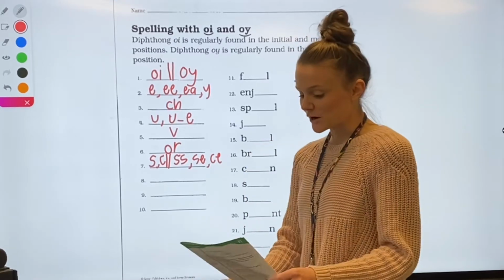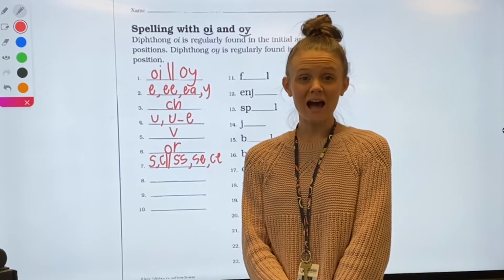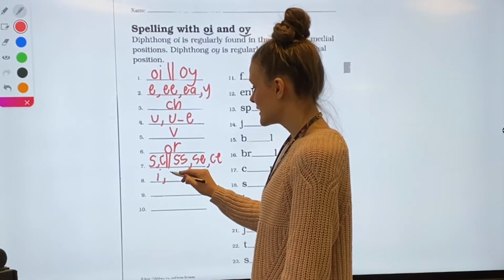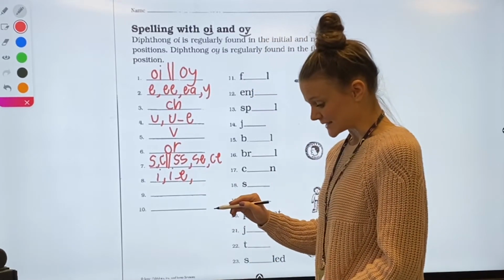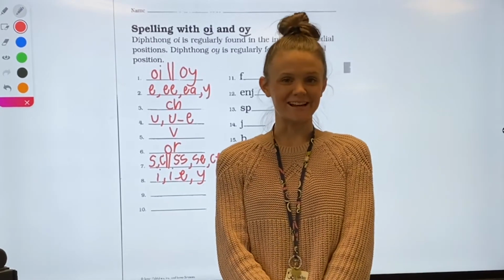Excellent! For number 8, my letter sound is I. I. So letter I can make the I sound. I, consonant, sneaky E can make the I sound. And letter Y can make the long I sound.